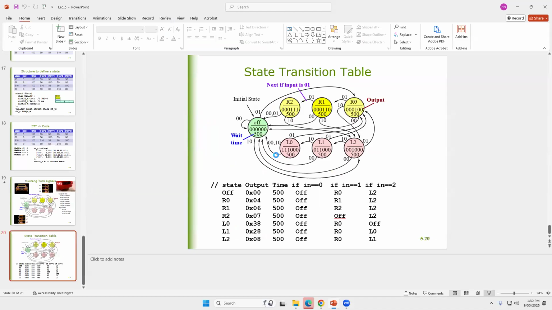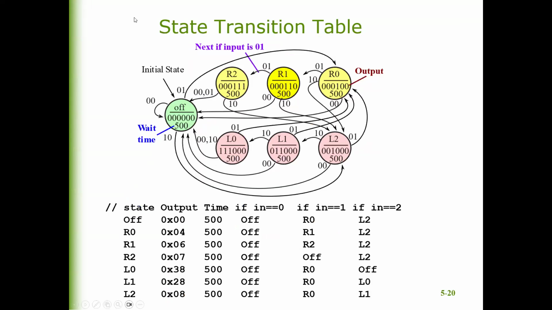Yeah, I have one more slide to show you. Let me show this slide. So, okay, this is the last slide. Basically what I want to show you is that it's very similar. We have the state names R0, 1, 2, and left L0, 1, 2. For the output, instead of using binary values, we are using hexadecimal values to represent this value.